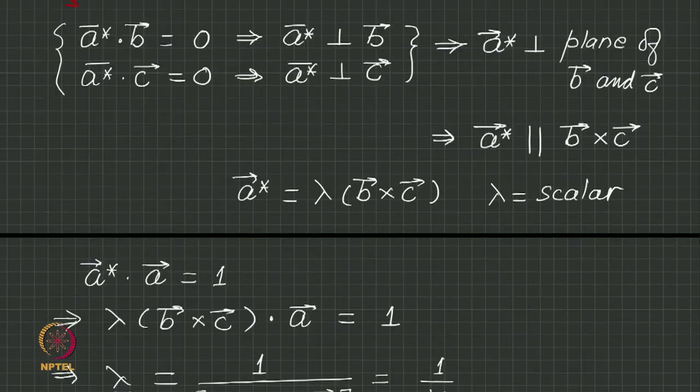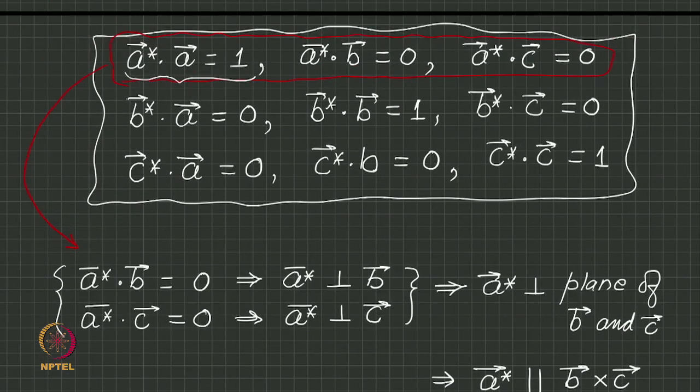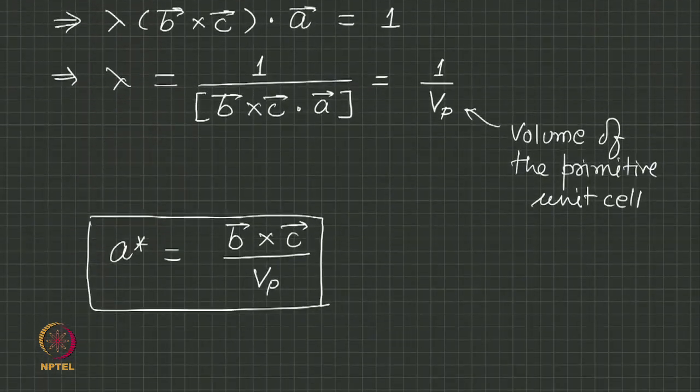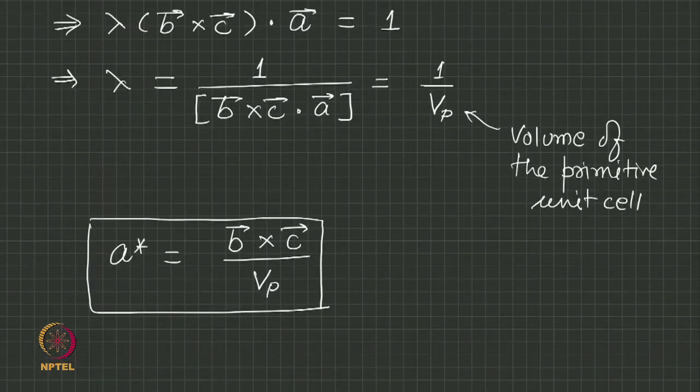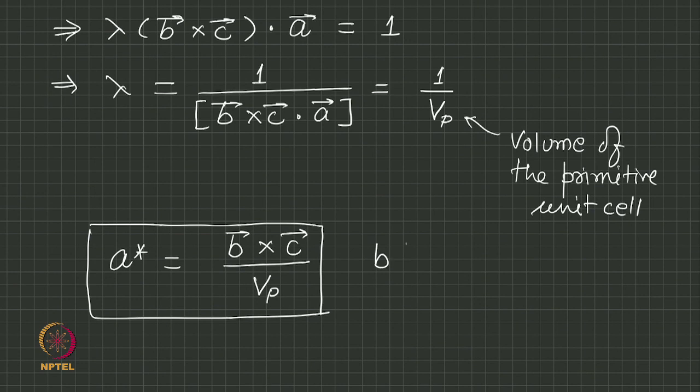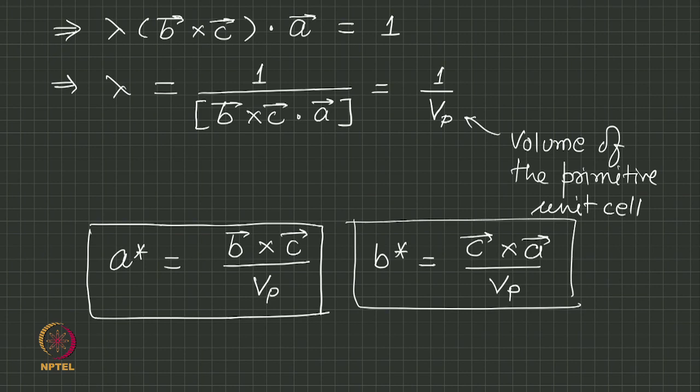This was the analysis of the first row. The second row involves B star in a totally symmetric way, and the third row involves C star in an identical way. If you use the same analysis, you will find that B star is C cross A by V p, and similarly C star.